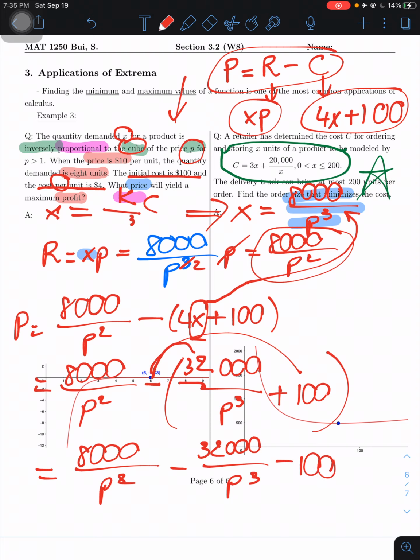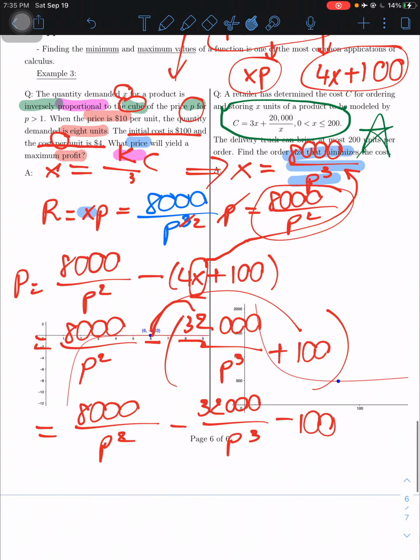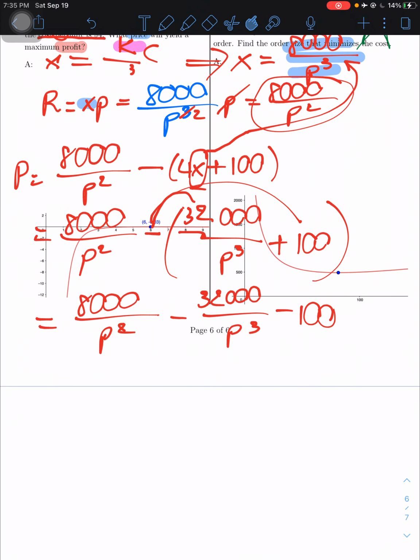All right, so next step, let me take the derivative of everything. When it comes to the word maximum or minimum in the problem, you know that you have to take the derivative. This chapter is all about the derivative, that's why we learn all the quick rules to find the derivative. Let me put it in pink. P prime, what does it equal to?